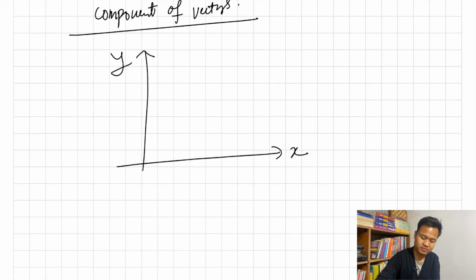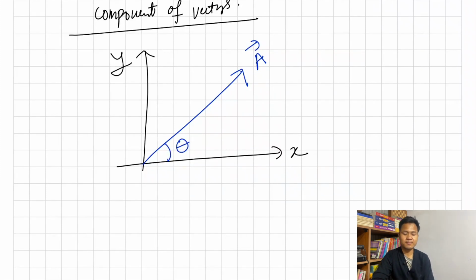Suppose I have a vector like this, let's say a bar. It makes some angle with the x-axis. So this vector a is neither along x nor y. Whenever you have a vector that is neither along x nor y, then you have to take the component of that vector.